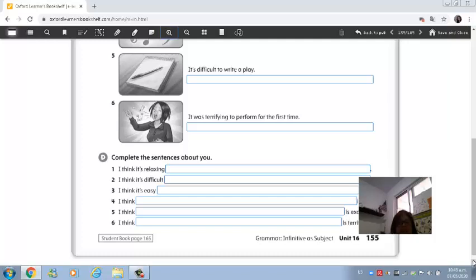I think, okay? Think your answers carefully. Okay, that would be all for today. When you finish page 154 and 155, remember to send it to me, okay?